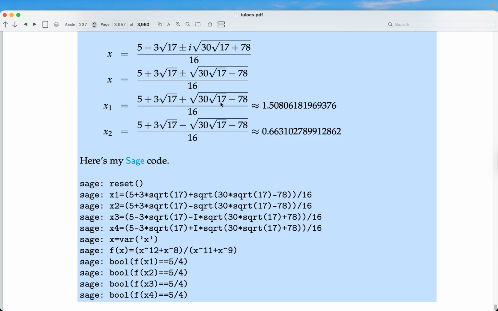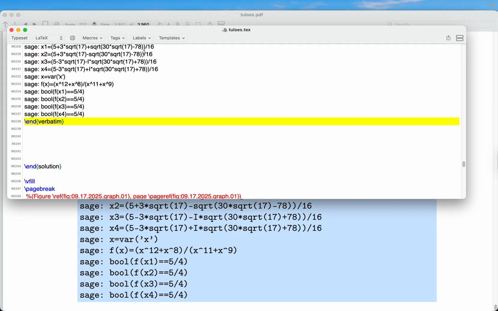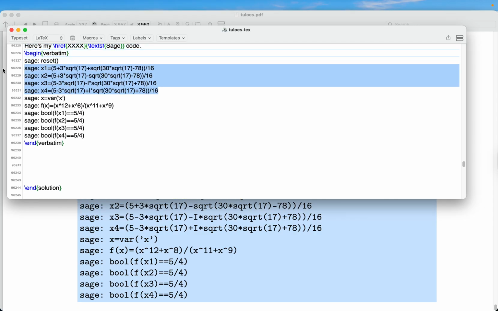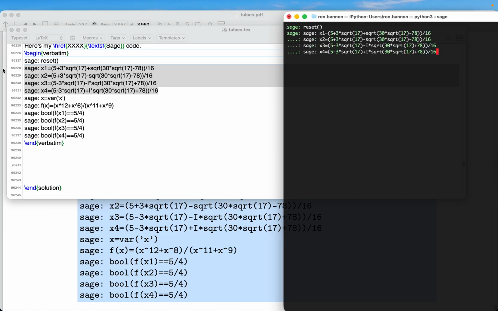The first one I put in was, I think, this one, then this one, then I put the complex ones in. What I'm going to do, though, is go to the source code for this and just copy this in. I don't want to retype it or copy it from the document. Let me go back to Sage and do that.